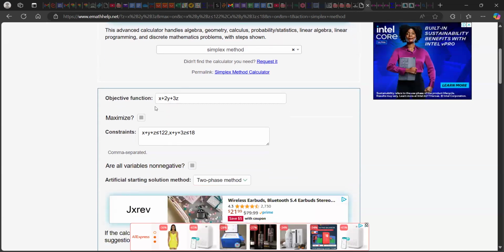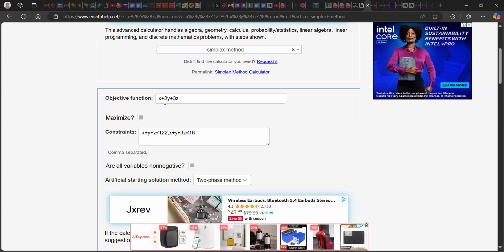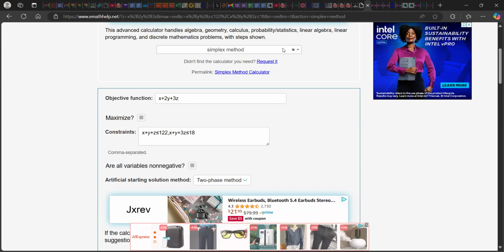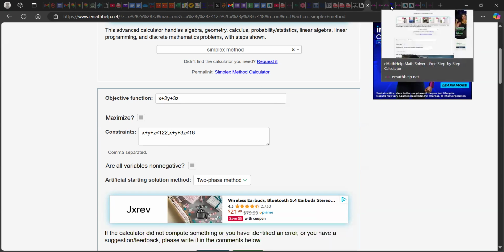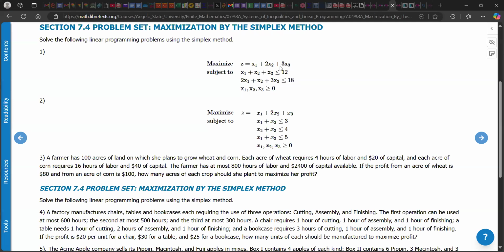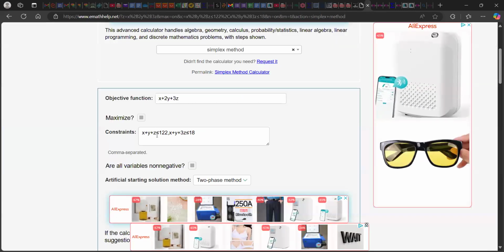Good. So you type in your conditions, your objective function, you type it in there. Notice I didn't use x1, x2 and x3, I use x, y, and z. That's what you see there. The constraints, I think they were x plus y plus z is less than or equal to 12. Was it 122 or 12? You see, 122. It's 12, man.